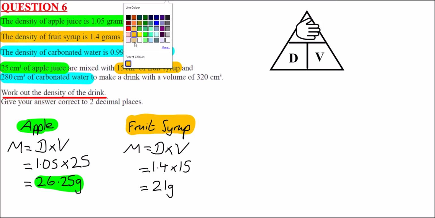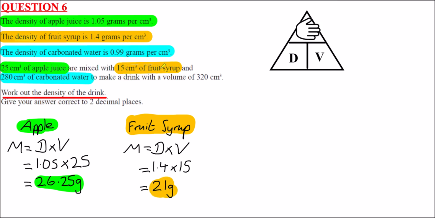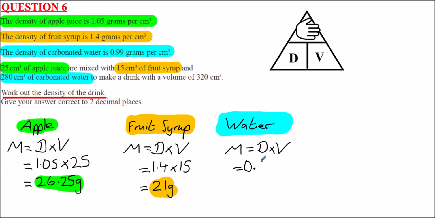Finally, do the same for the water, or carbonated water if you want to be technical about it. I'm just going to call it water because I'm being a bit lazy. The mass of water is density times by the volume of water. The density of this water is 0.99 grams. Now the density of normal water, if you like, is exactly 1 gram per cubic centimetre.